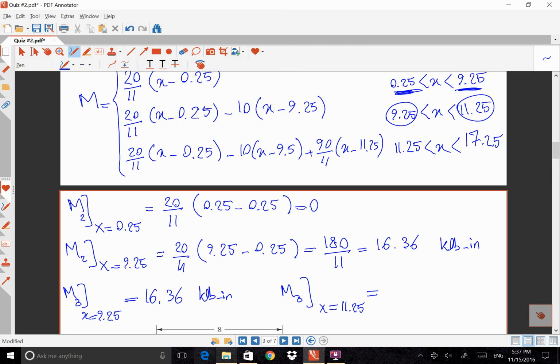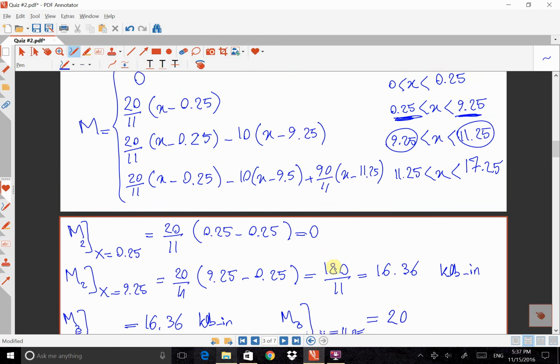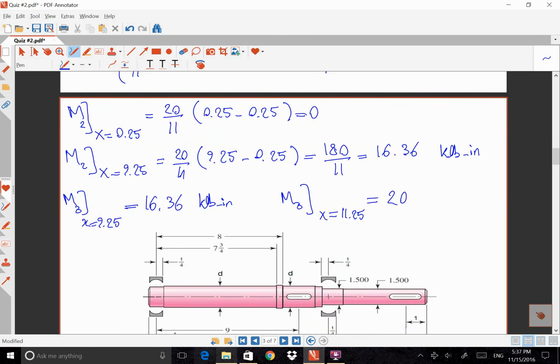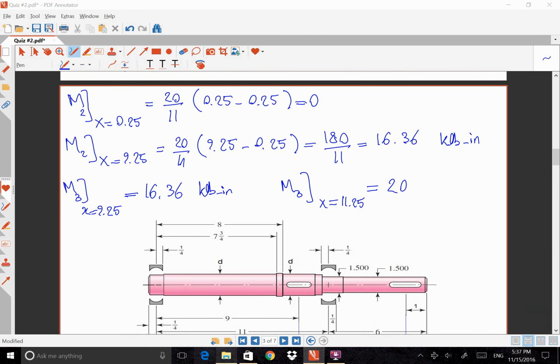minus 25 will be 11. That 11 with this 11 will be cancelled out, so it will be 20 from the first part. 11.25 minus 9.25 will be 2, so 2 times 10 is minus 20. So that will be minus 20, and 20 minus 20 will be 0.